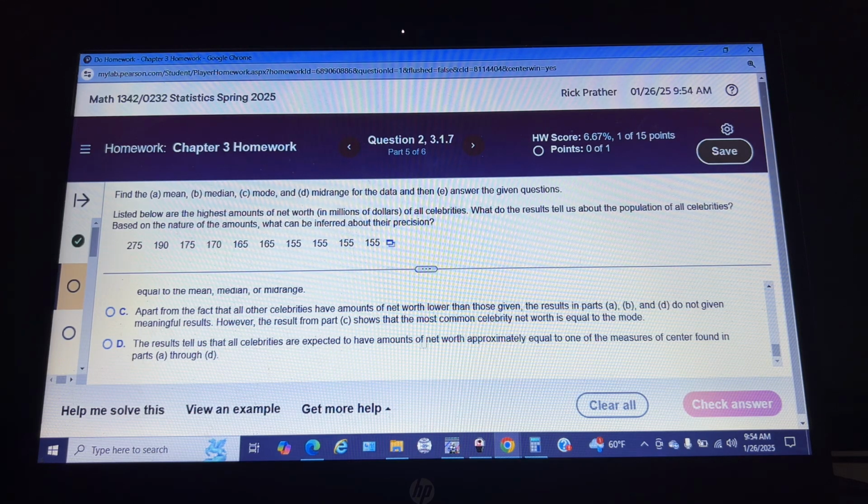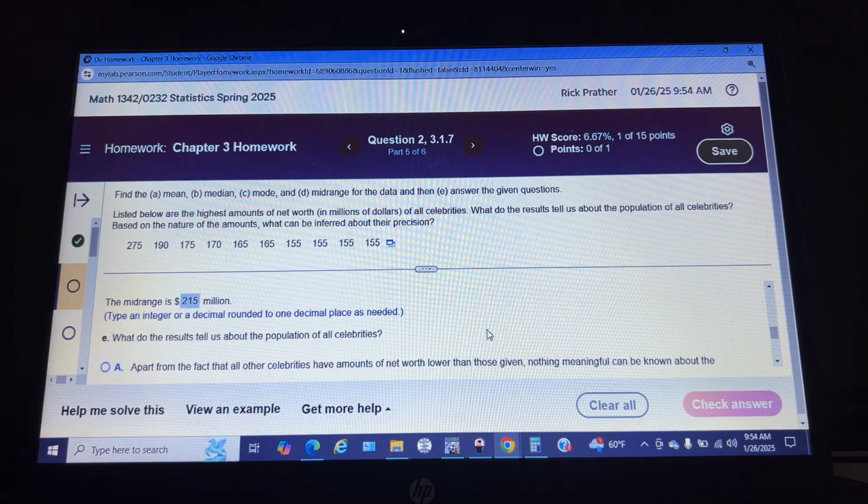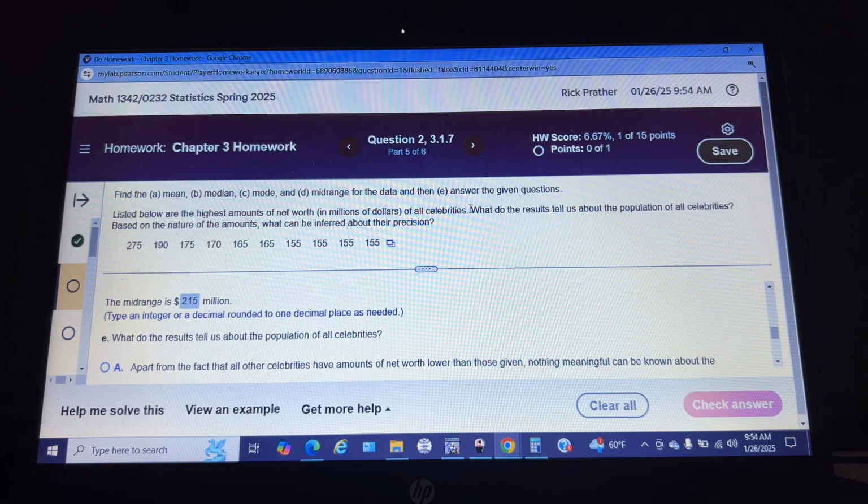Apart from the fact that all other celebrities have amounts of net worth lower, they do not give meaningful results. The results from Part C, most common. So one thing that could be true here, even though the calculations are meaningful, I think what's going on here is in this question where it says, what do the results tell us about the population of all celebrities?